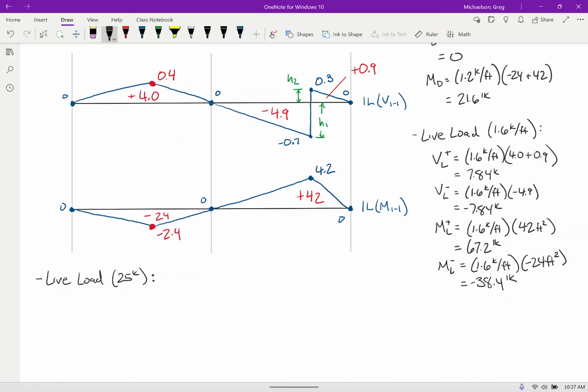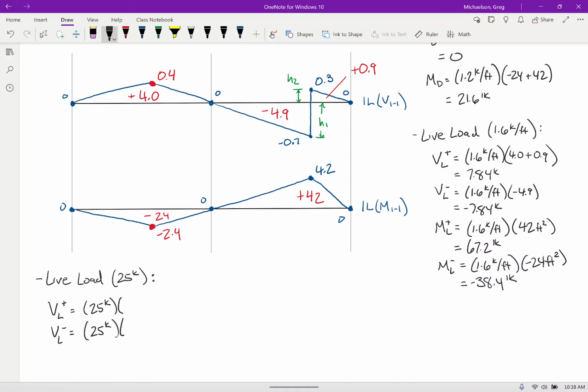What about the 25 kips? How do I deal with the 25 kips? So, what is the worst case positive shear? What is the worst case negative shear? So it's going to be 25 kips times something. Where would you place, so first off, how do we do point loads?